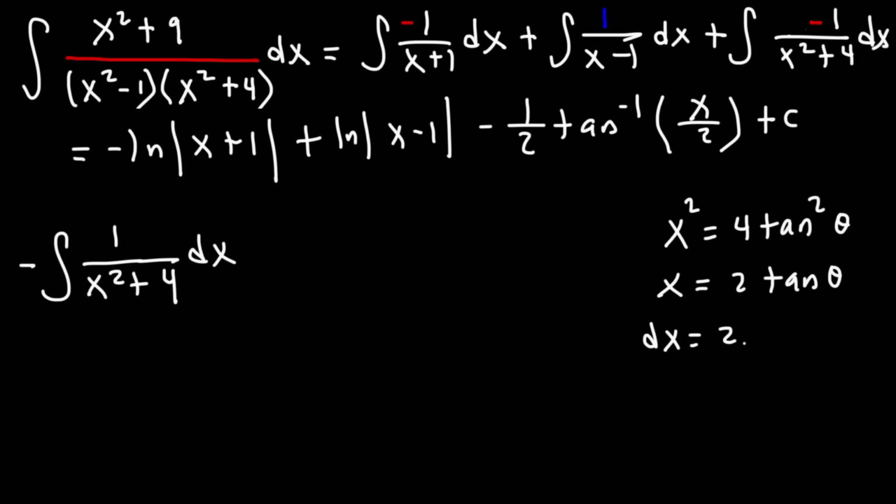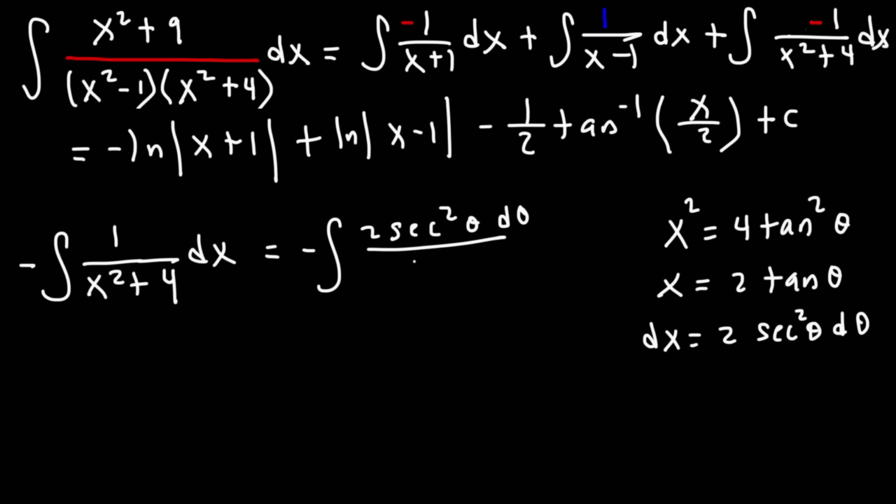Dx is going to be 2 times the derivative of tangent, which is secant squared theta, and then times d theta. So we're going to replace dx with 2 secant squared theta d theta. On the bottom we have 4 tan squared theta, and then plus 4. So I replaced x squared and dx.